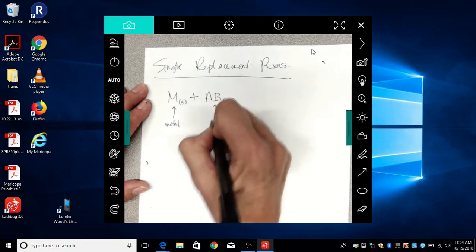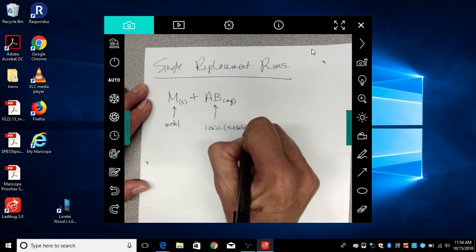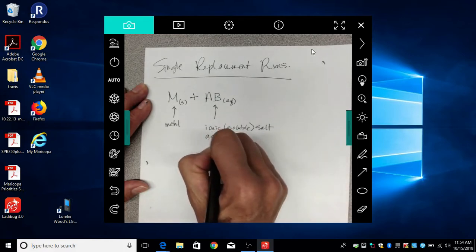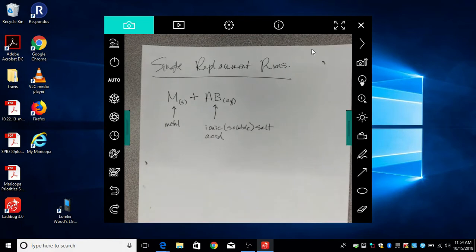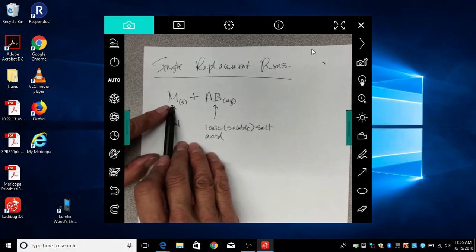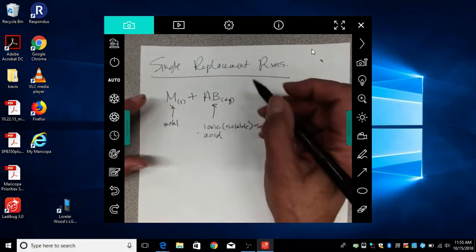Now AB can be an ionic soluble salt, or it could be an acid. So it could be either one of those things. This is the general form of the equation, like the general form of the slope of a line is y equals mx plus b, right? In single replacement reactions, you're going to have some metal and some aqueous solution that's either an ionic salt in water that's soluble or an acid.